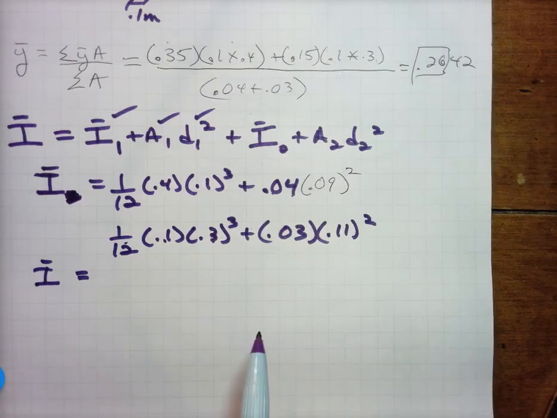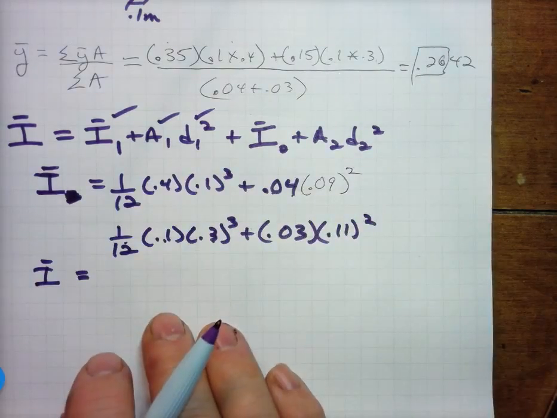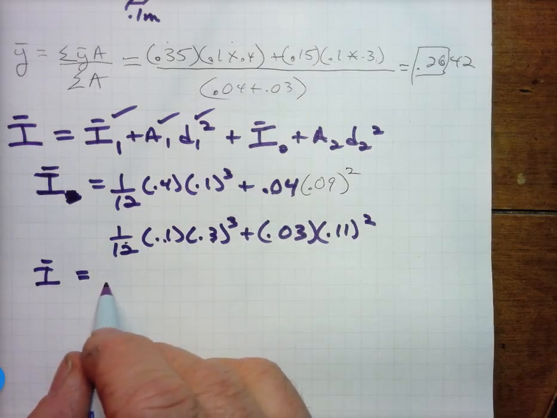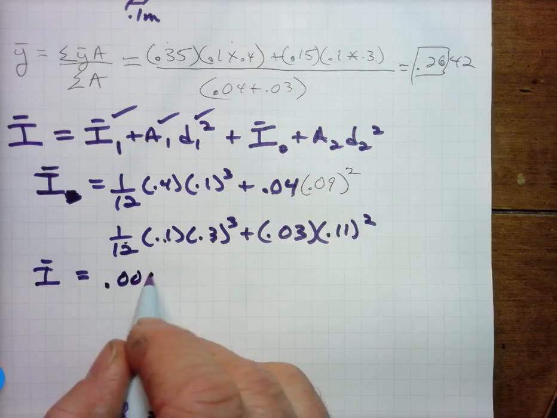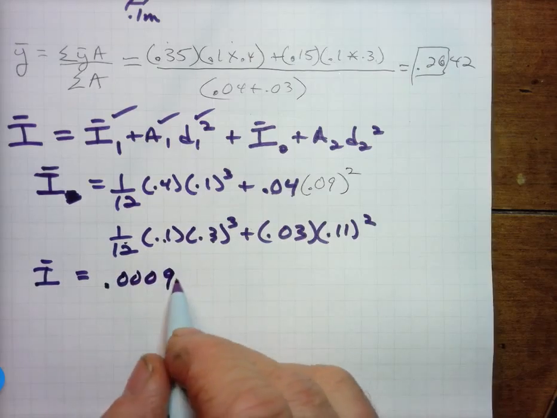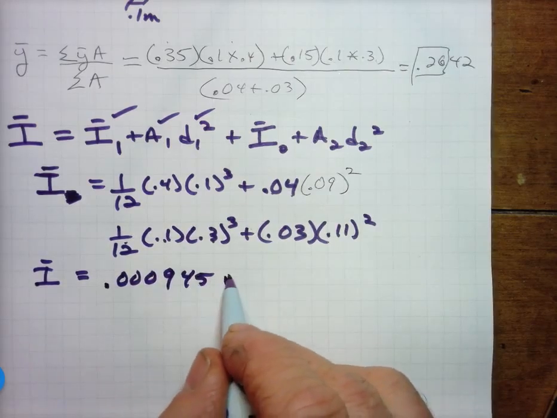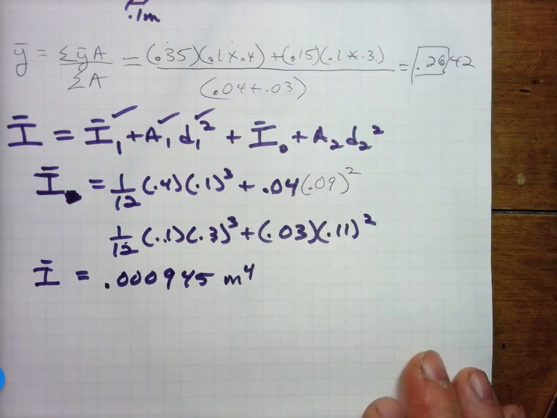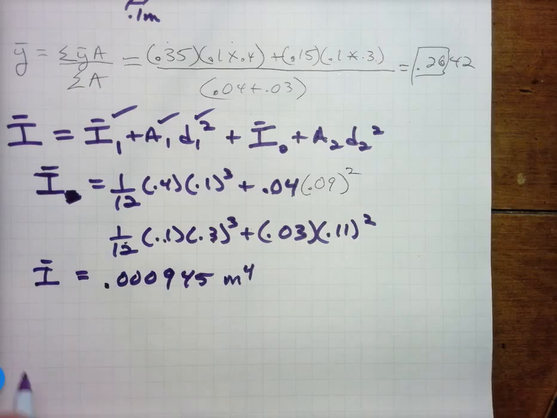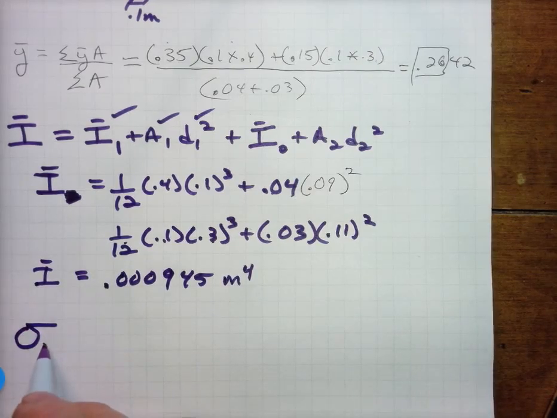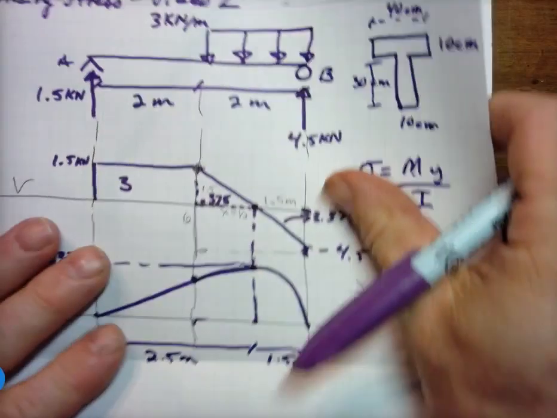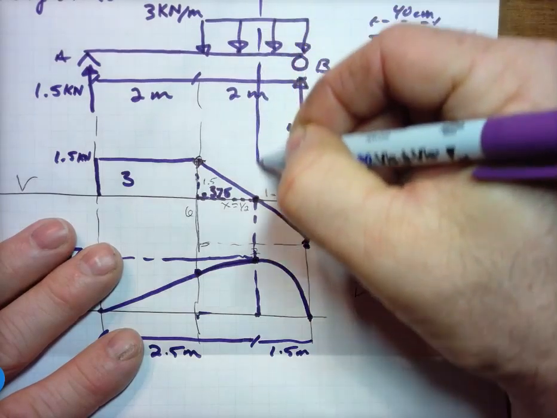All right, well I did this in Excel, and of course we're all prone to calculator errors, but when I did, I got 0.000945 meters to the fourth. So the maximum bending stress will be where the moment is the max, and that is at this point.